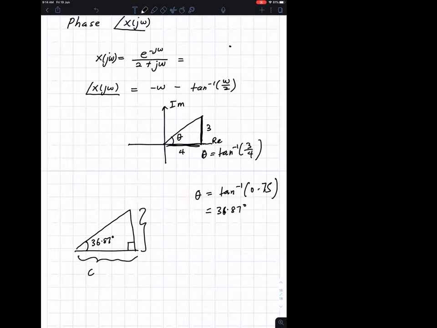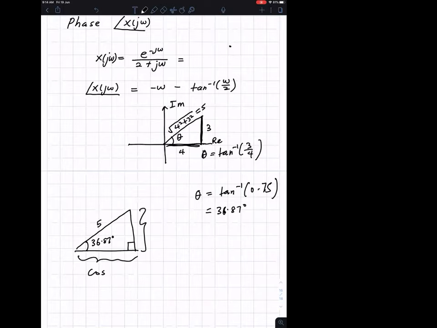Adjacent is cosine. What is this? Is the magnitude, right? 4 squared plus 3 squared is how much? 16 plus 9 is 25, so this is 5. Is that 5, guys? Yes.